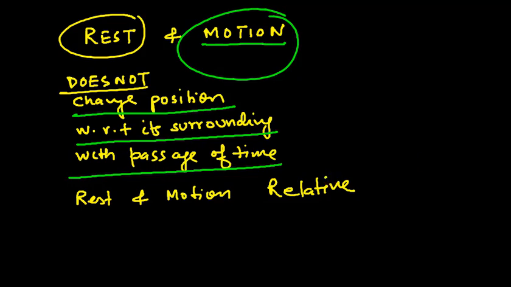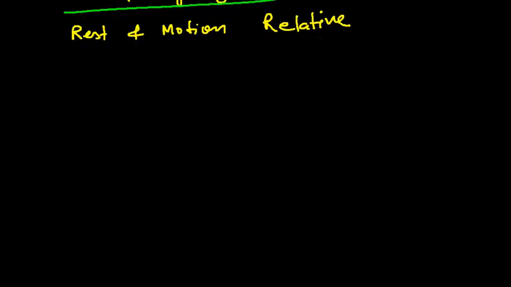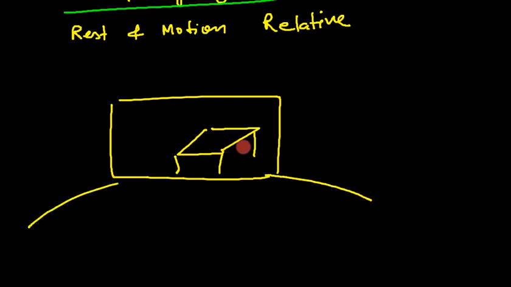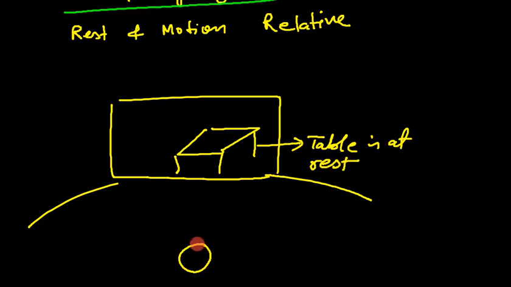Say for example, I'm going to give you the example here. Suppose this is a table and this table is kept in a room. This room is on the earth. With respect to its surrounding, this table is at rest, right? But we know it very well, the earth rotates about its axis and also revolves around the sun.